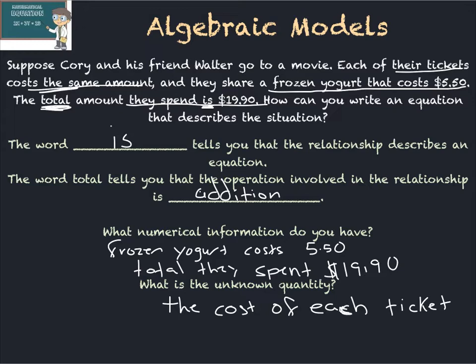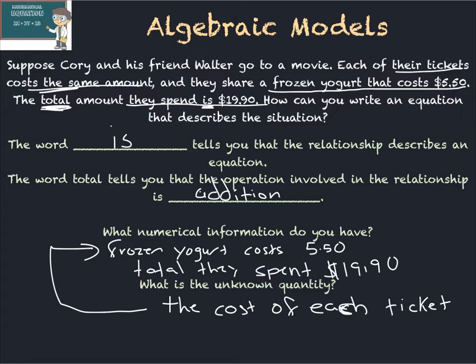But we do know that the cost of each ticket, when added with frozen yogurt, gives you a total of $19.90.